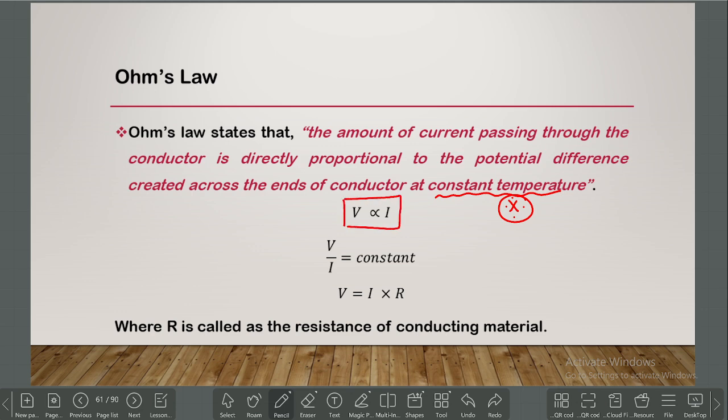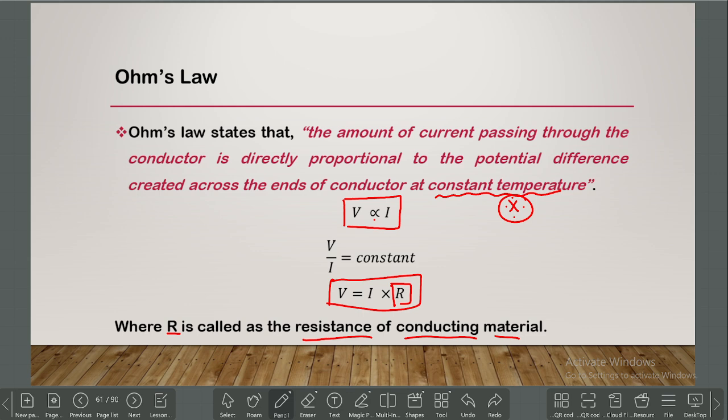Now, on removing this proportionality symbol, we introduce a constant term called R. Here, the letter R stands for the resistance of the conducting material, and this is the formula we will use to represent the mathematical expression for Ohm's law.